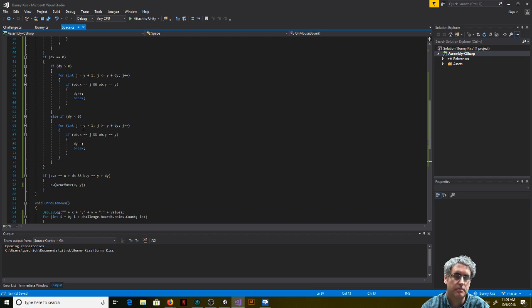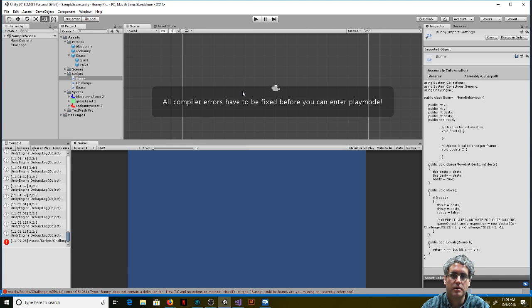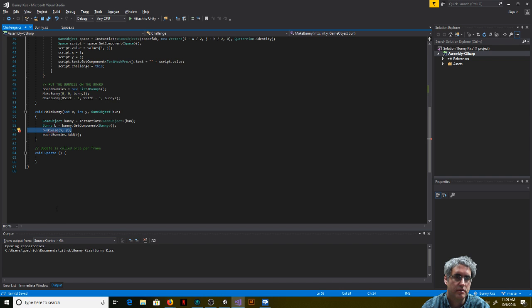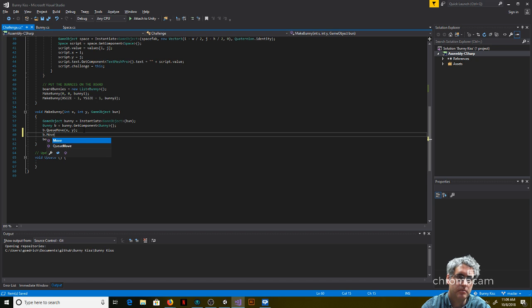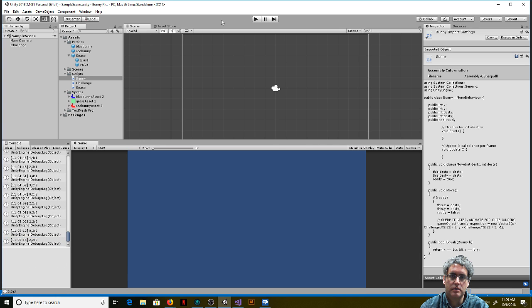Let's see if that separates it out into a two-step process. And we can make our oh, we've got errors. Okay, queue it up and then be move. This is what we said we had to do. Separate that into two pieces. Sounds good.